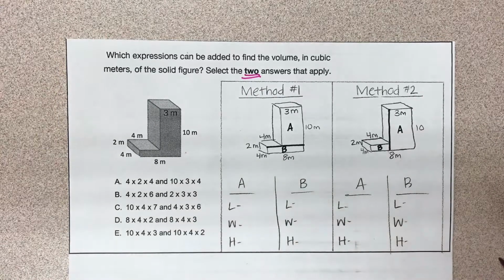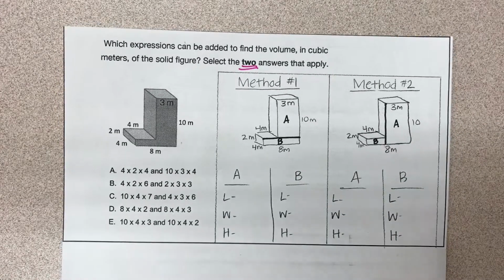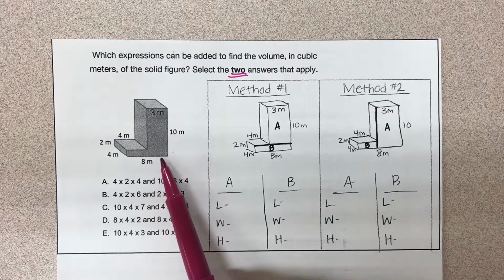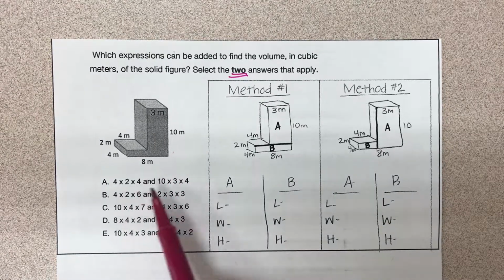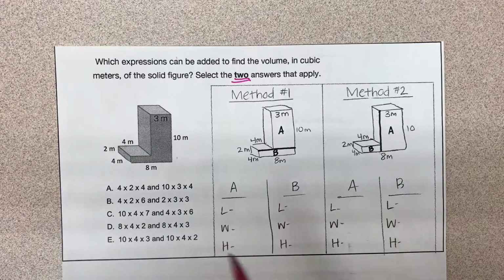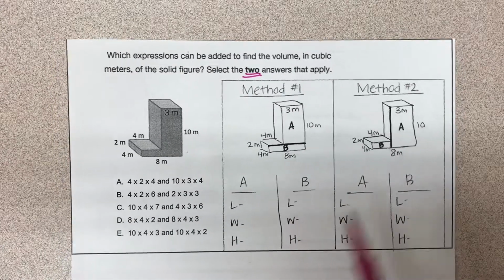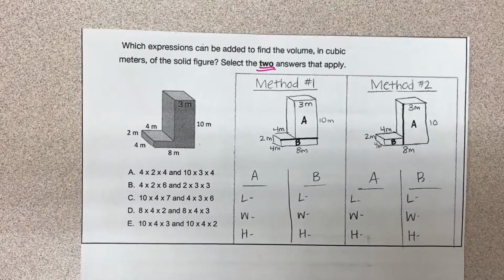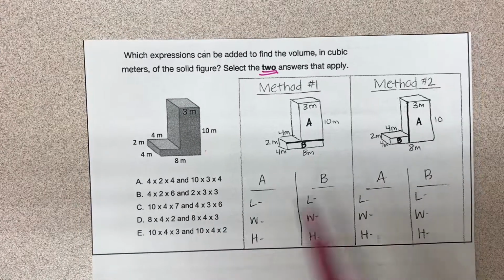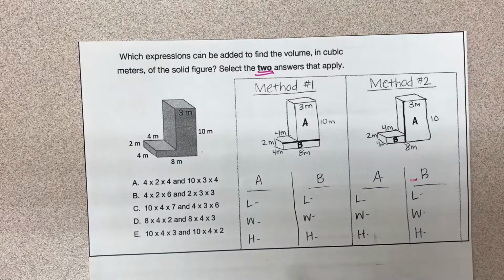It doesn't matter which one you do if you are just simply trying to find the volume of this figure. But in this case, we want to come up with 2 different answers to how you could split up this figure. So that's why we do have to go through both methods in this case. So if you ever come across a problem like this, you need to make sure that you are doing both methods in order to get the correct answer.